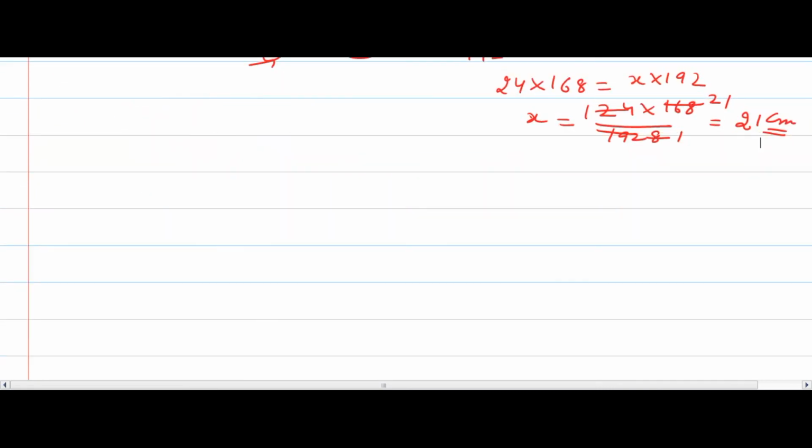Now we will move on to the next question, that is question number 5. Question number 5. Right, what is that? Find the mean proportion.